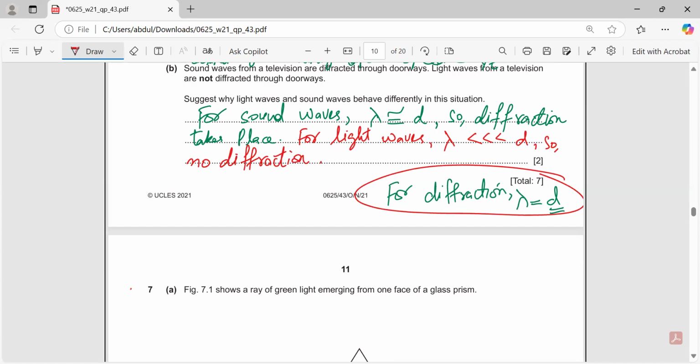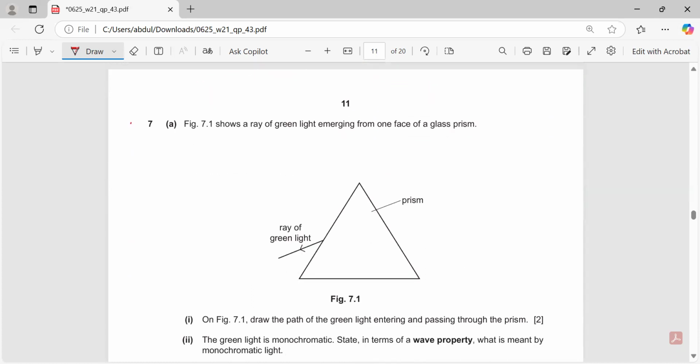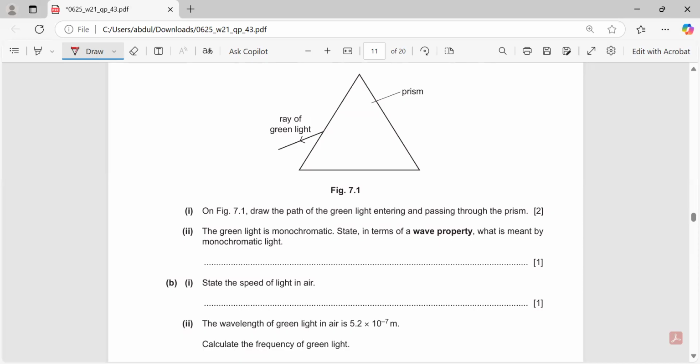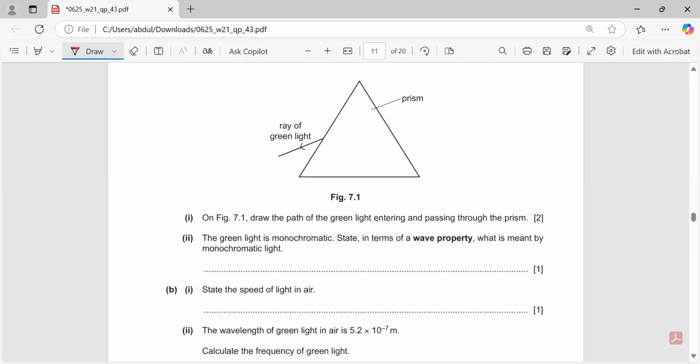Now, next question is, figure 7.1 shows a ray of green light emerging from one face of a glass prism. On figure 7.1, draw the path of the green light entering and passing through the prism. So what to do here, my dear friends? We cannot do anything without drawing the normal.